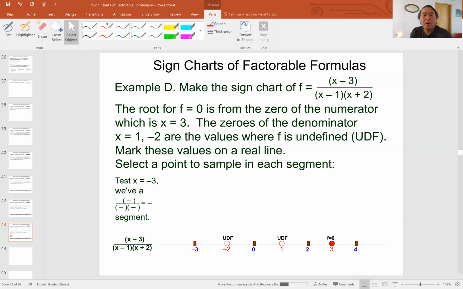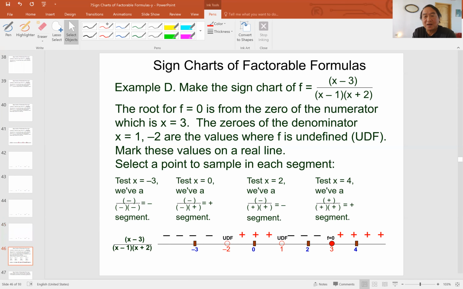And you say, wait a minute, why did I choose -3? Can I use -4? Sure. That's what we mean by sampling here. You get to choose a point in that interval and test it. And I choose 0, and we'll get the following sign. Therefore, this is the sign chart for this fractional formula.